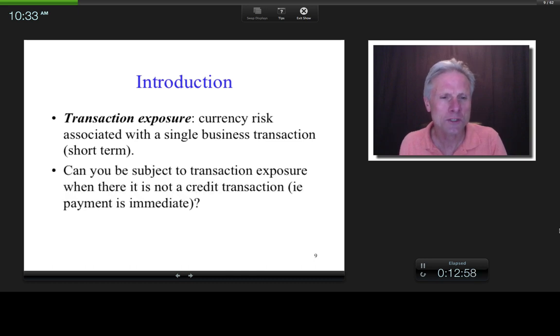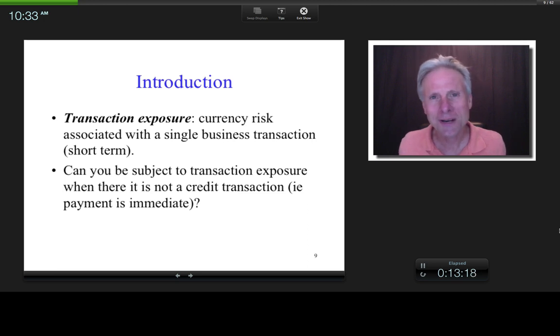So here's a question. Can you be subject to transaction exposure when there is not a credit transaction? In other words, if payment is immediate? You can't, right? Because if payment is immediate, are you using today's exchange rate? You are, right?